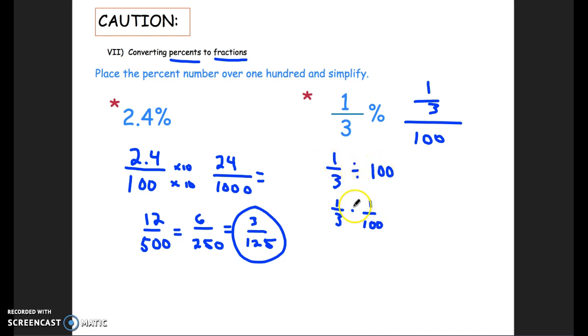Keep, change, flip. We end up with 1 over 300. Done. The easiest way to look at this is the 2 zeros drop down to the bottom. And then you have to simplify sometimes.